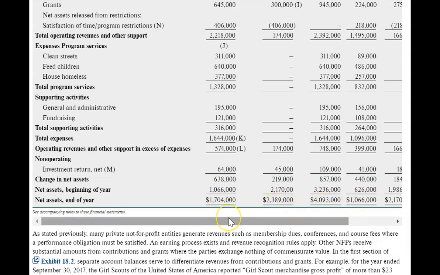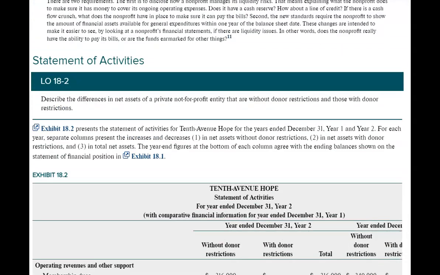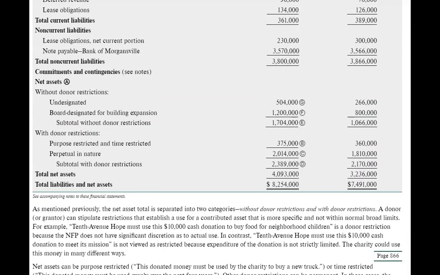With restriction is 2.389 million. And this is the amount you will also see on your statement of financial position, under the net asset categories. You remember, instead of owner's equity, we show the amount we call net assets, and of course we classify with restriction and without restriction. Let's check it. Without restriction net assets, what we got from our statement of activities, is 1.7, with restriction is 2.389, and that's the amount you will see on your balance sheet, our statement of financial position.